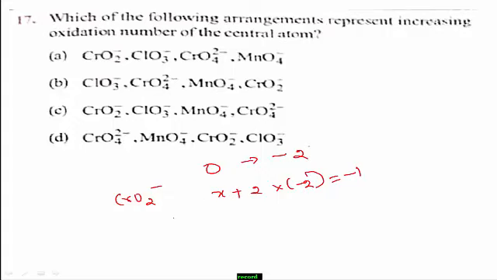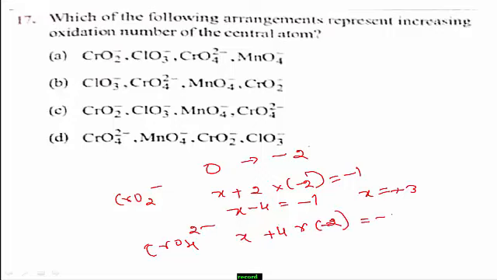X minus 4 equal to -1, therefore X equal to +3. Yes, in CrO4 2 minus, how do you calculate? X plus 4 into minus 2 is equal to minus 2. X minus 8 is equal to minus 2. Therefore, X equal to plus 6.